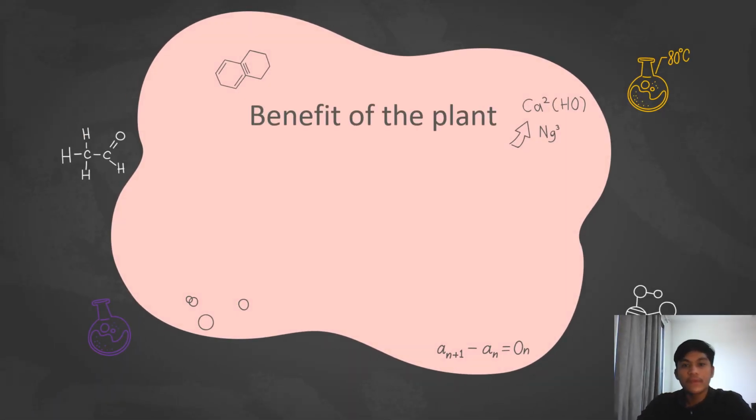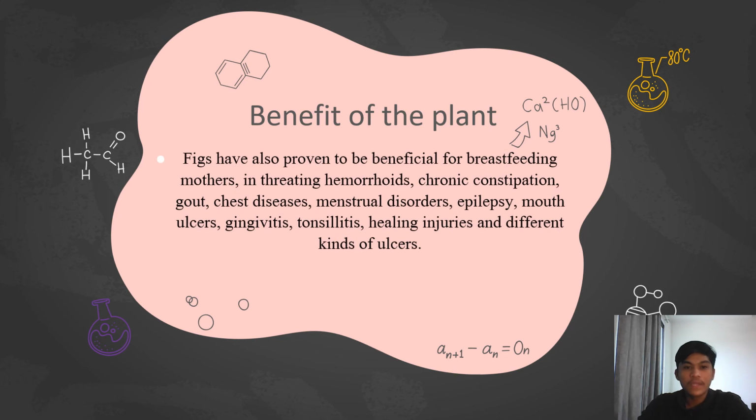The benefit of the plant. Figs have also proven to be beneficial for breastfeeding mothers, and in treating hemorrhoids, chronic constipation, gout, chest disease, menstrual disorder, epilepsy, mouth ulcer, gingivitis, tonsillitis, healing injuries, and different kinds of ulcer.